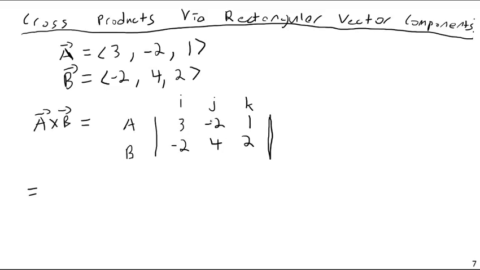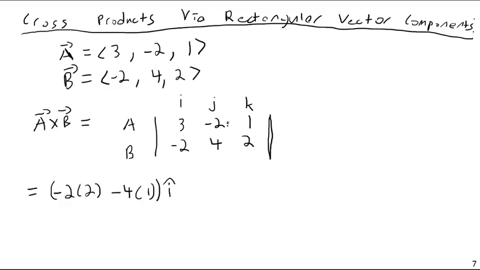So it's always this way minus this way, right? Remember that? This minus this. That's the determinant calculation. So it's going to be negative 2 times 2 minus 4 times 1, all of that times the vector I, the unit vector I.